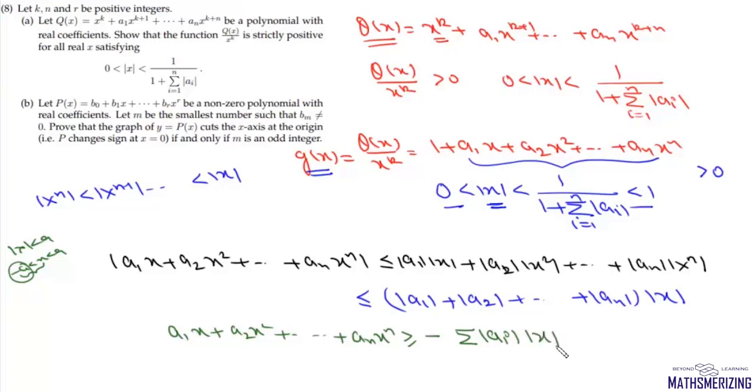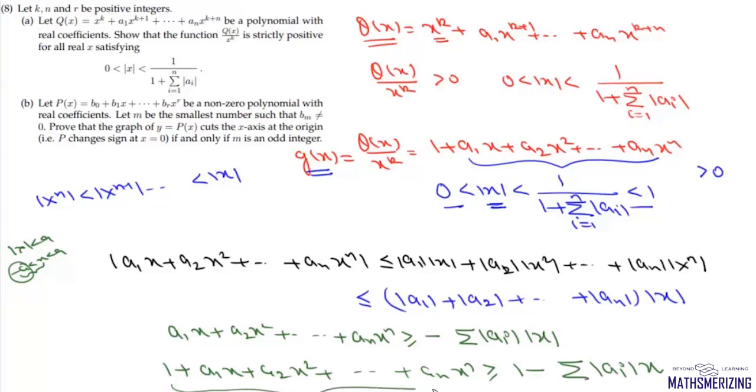Now we'll add 1 also, then we can write 1 plus a1x plus a2x square plus an x to the power n, and it is greater than 1 minus summation mod ai into x.